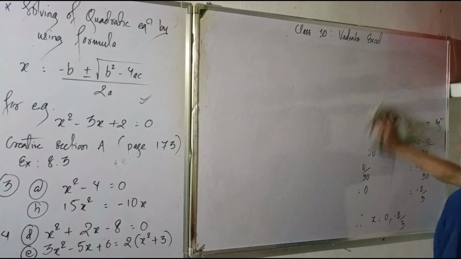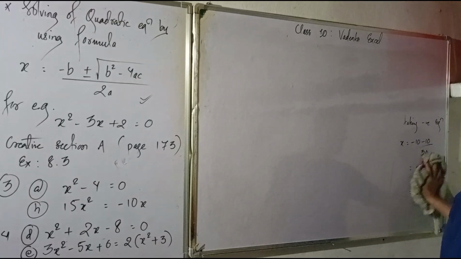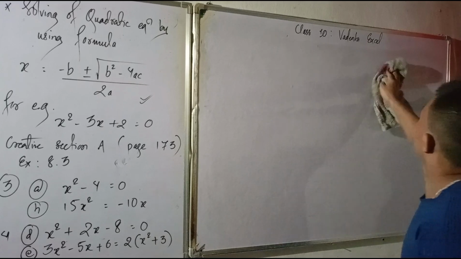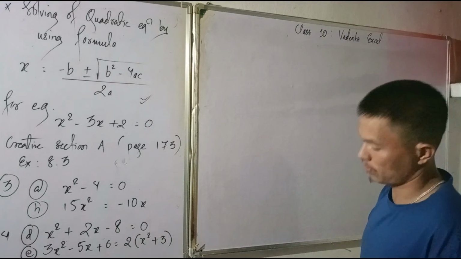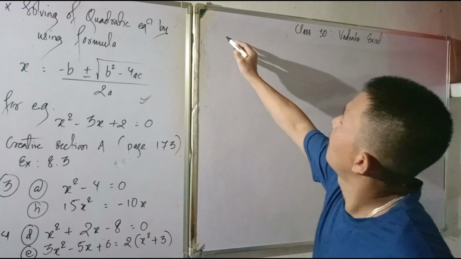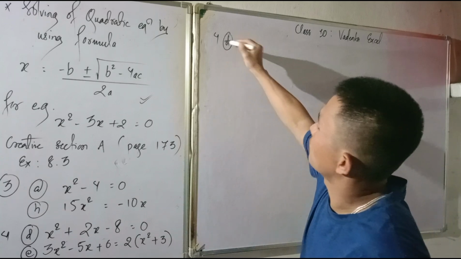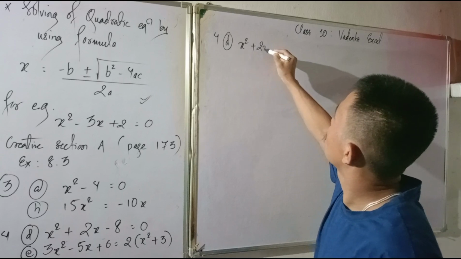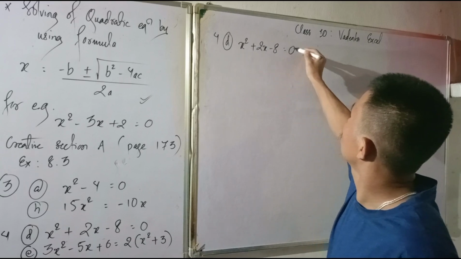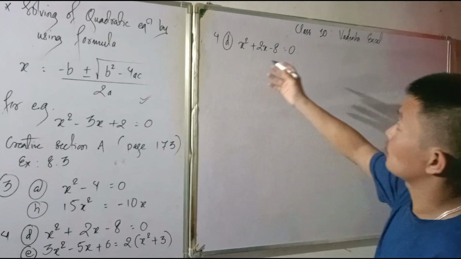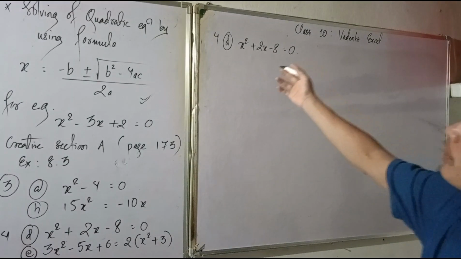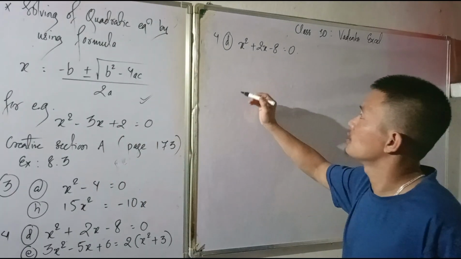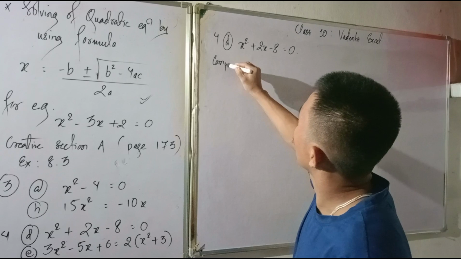Let's move on to the 4d. Okay, 4d, we have x squared plus 2x minus 8 equals 0. So this is the equation.